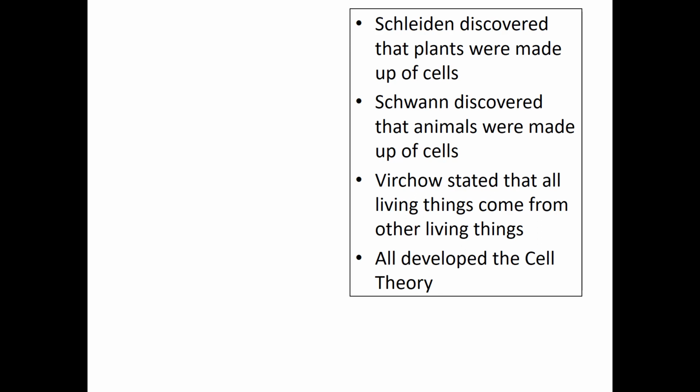Schwann discovered that animals are made up of cells. So we know that everything that's living is made up of cells. And then Virchow stated that living things come from other living things. All of these put together are the cell theory, which is basically like the laws of cells. This is like the rules of cells. This is the rules of life. So this is going to be down at the bottom.